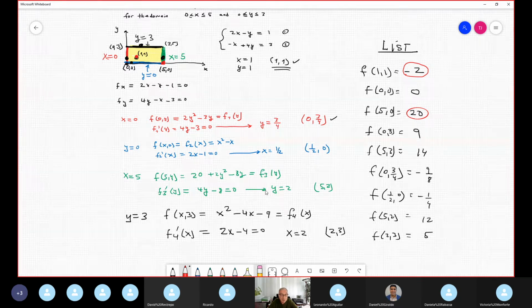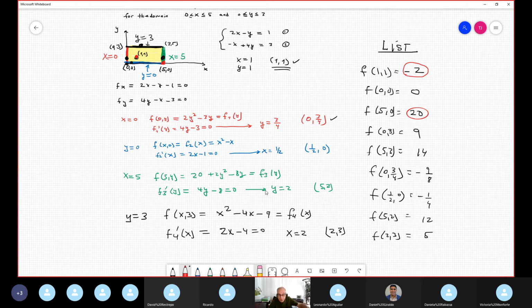After, we navigate the boundary, but navigating is super easy because you convert the problem from 2 dimensions to 1 dimension, and you apply Cal 1. You differentiate, set equal to 0, determine the critical values, and finally, when you have the collection of the points inside the region, on the boundary and the corners, you evaluate the function, and you determine the smallest and the largest. End of the story. Any question?